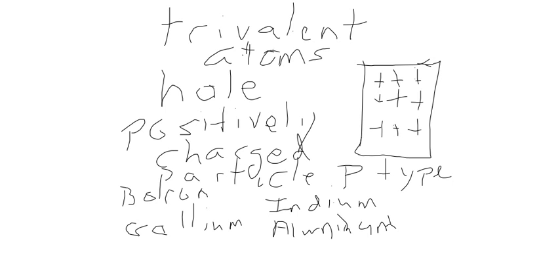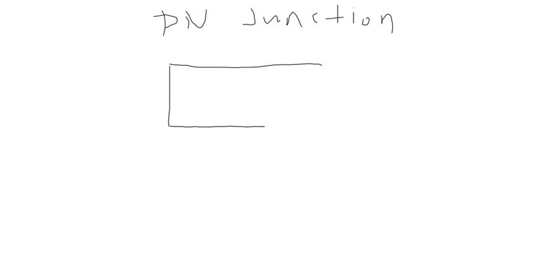Now, both p-type and n-type material are not really special by themselves. They're just simply a conductor. What makes it interesting is when I combine them together and form a p-n junction. Let this be my p-type material.